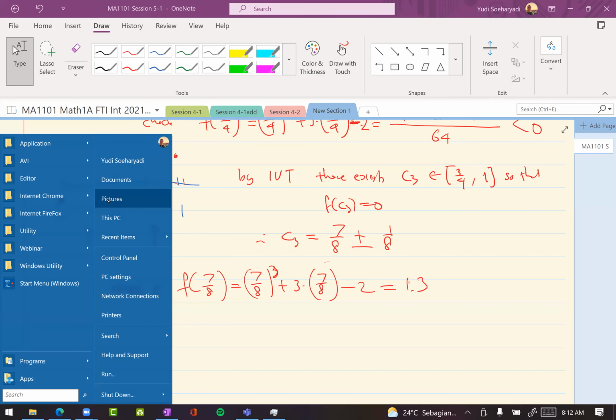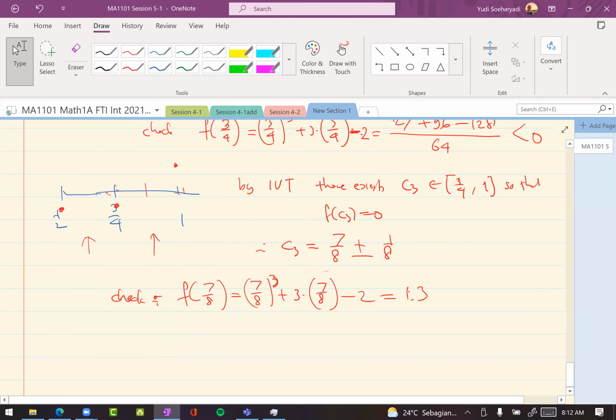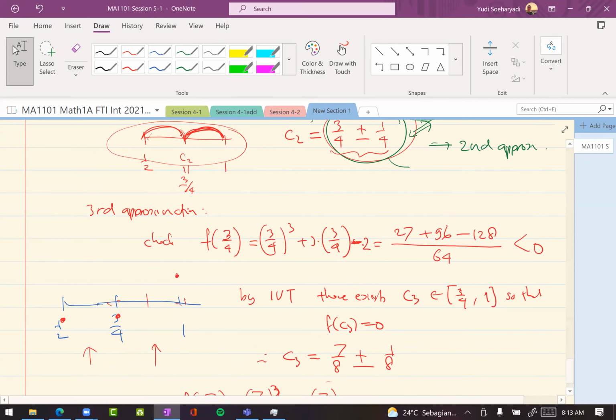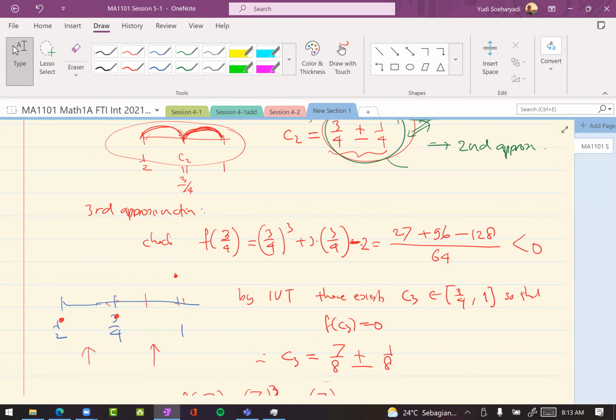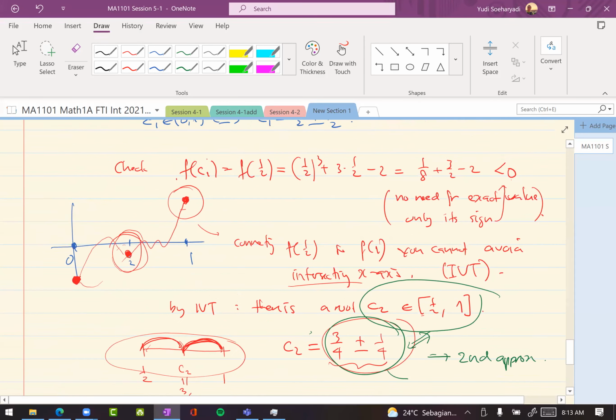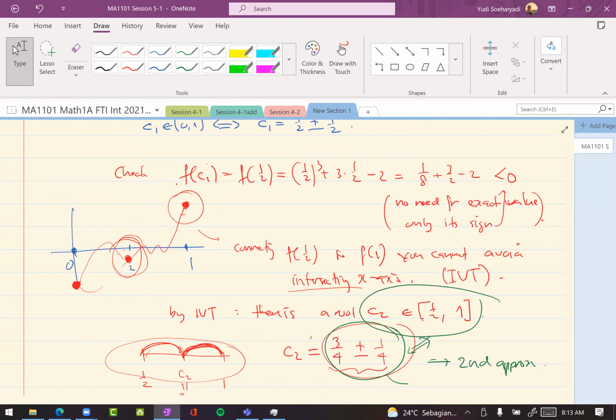Hey, something missing here. Let me check. Minus 2. I missed something. Did we? Right. 1/2. 1/2 is cubed.